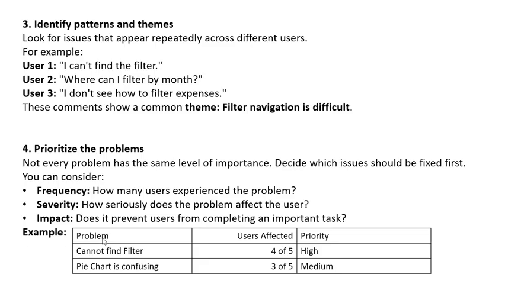For example, I cannot find the filter affected 4 out of 5 users, so it is a high priority, and the confusing pie chart affected 3 out of 5 users, so it is a medium priority.